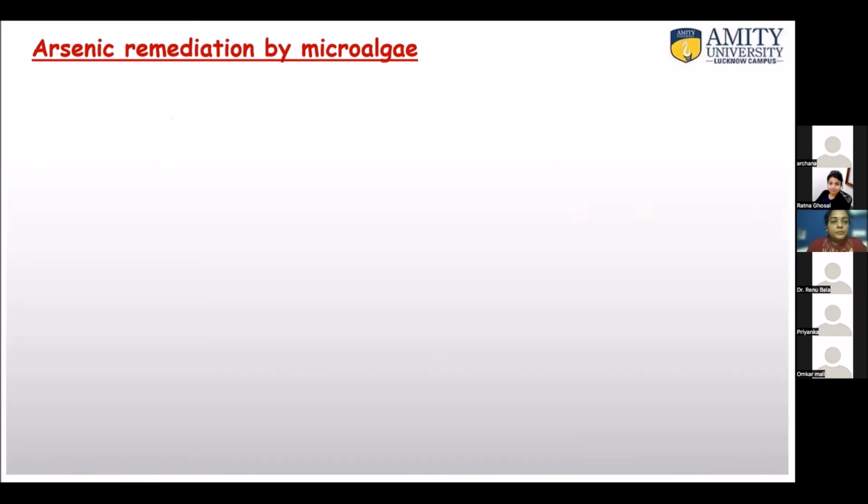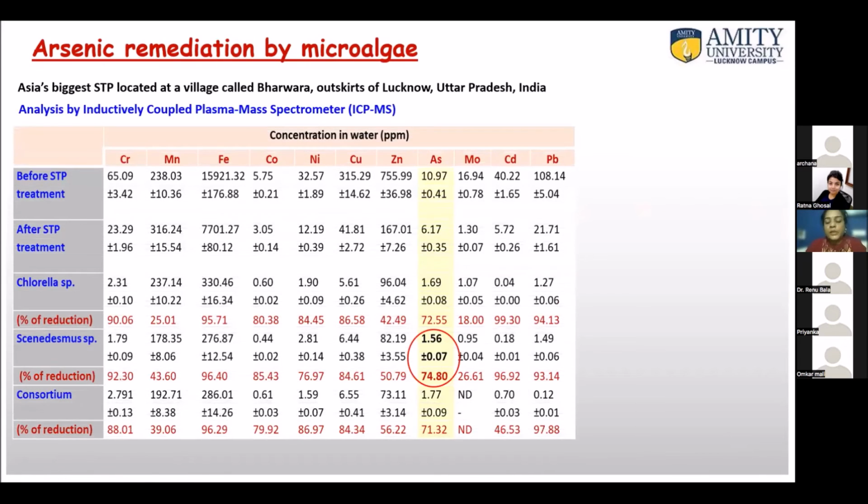So what we have done, we collected the sewage from the sewage treatment plant here in our Lucknow only. This is actually Asia's biggest STP, situated in Bharwara village near Lucknow.